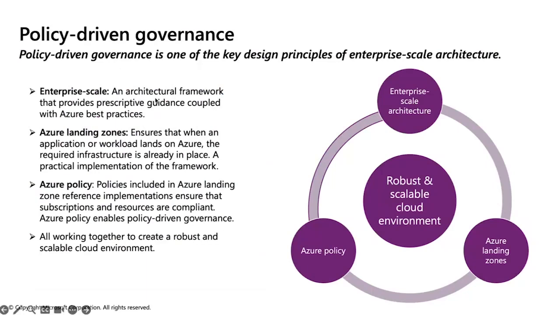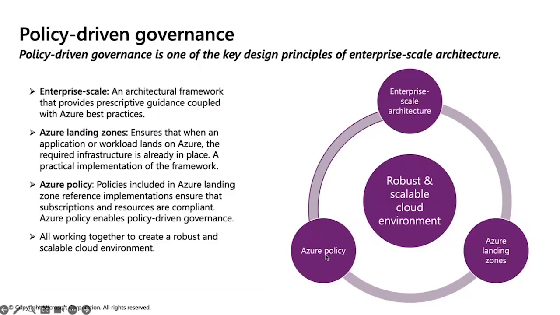So what is enterprise scale? Enterprise scale is an architectural framework that gives you guidelines on how to deploy enterprise scale architecture following best practices. Azure landing zone gives you a framework for how you can isolate and create different logical architectures based on subscriptions in your Azure environment.